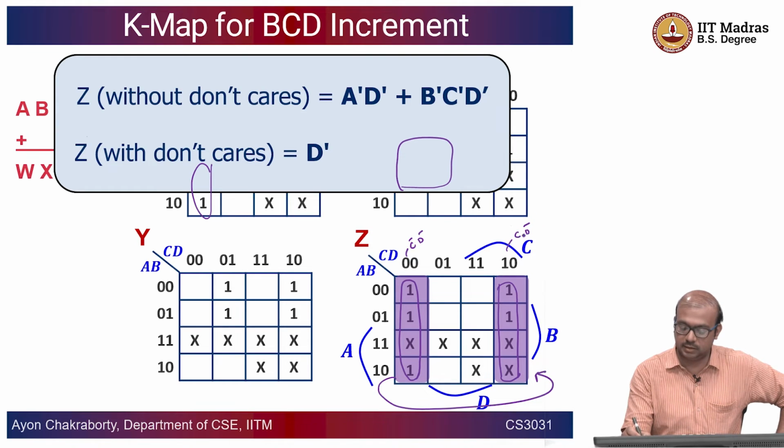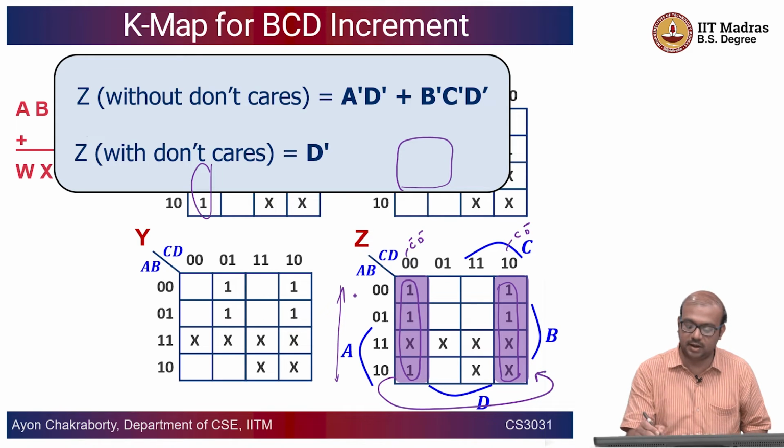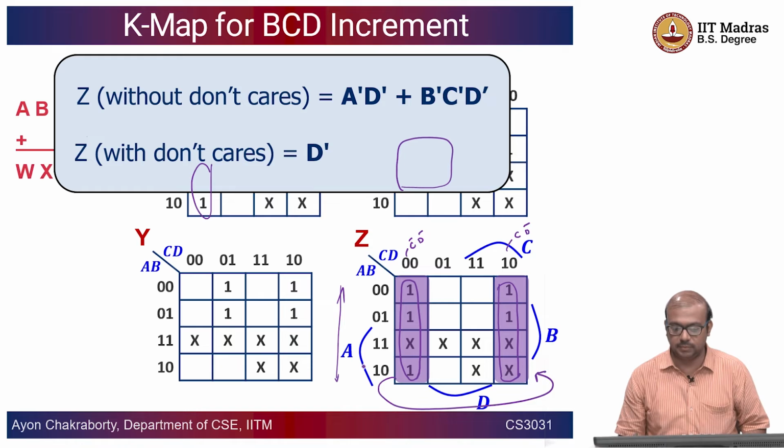So, the C vanishes out and across the rows everything vanishes out because all of them are being taken, right, A bar B bar, A bar B, A B as well as A B bar. So, they are all going to vanish out, and the only thing remaining is D bar. So, this is much more convenient.